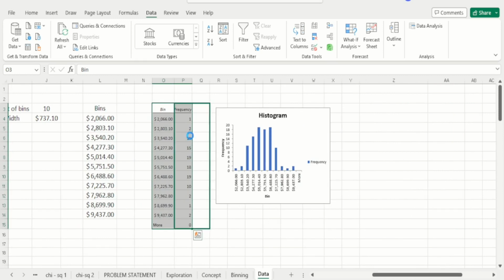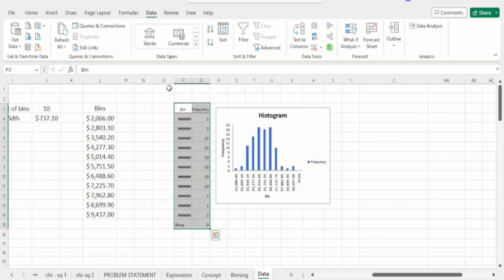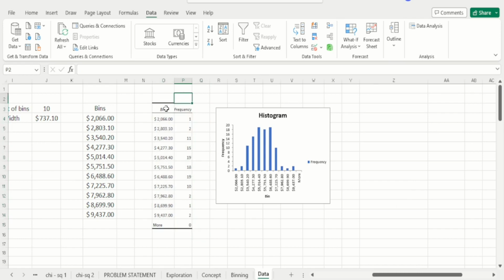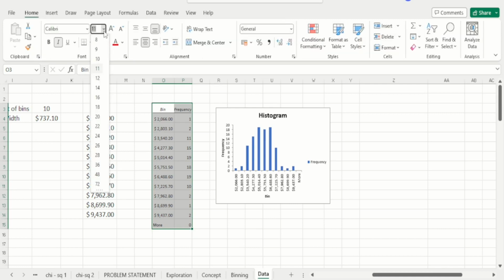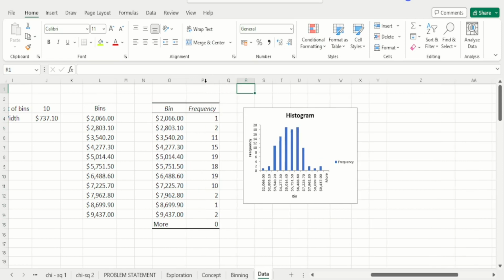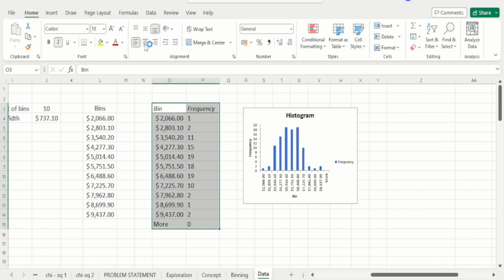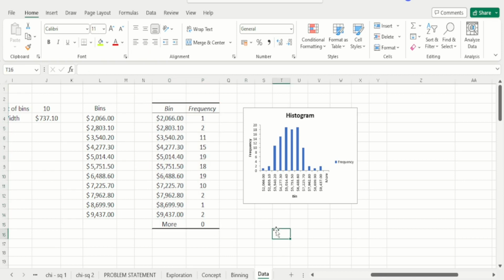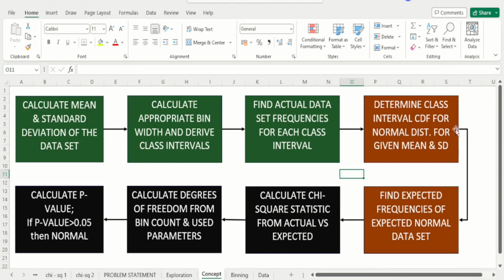As you can see, we've now generated the frequency, or the number of occurrences or observations, for each bin. Let's go ahead and select that. Okay, there we are. If you remember the concept that we were applying, remember that we have to determine the actual data set frequencies for each class interval.